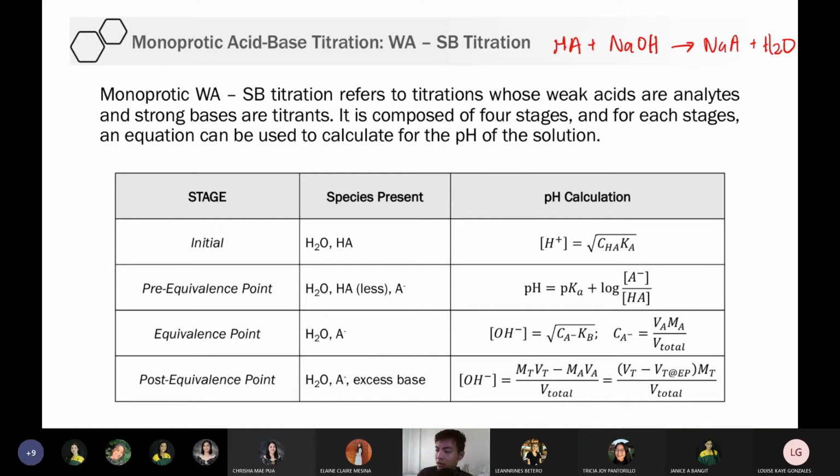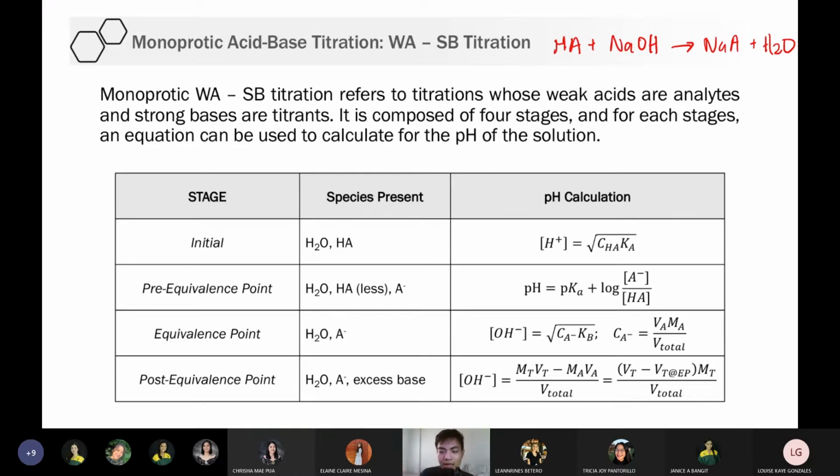So nasa buffer region tayo kapag meron tayong weak acid and a conjugate base pair. So recall that every time we have a buffer system, we have to use the Henderson-Hasselbalch equation, which is given as pH equals pKa plus log of the conjugate base divided by the concentration of the acid remaining.